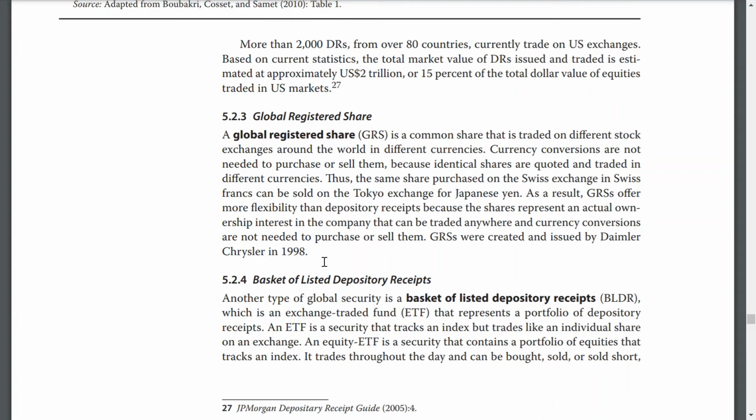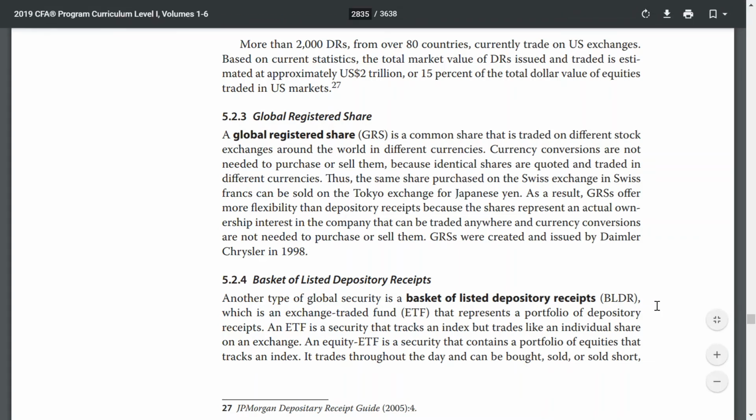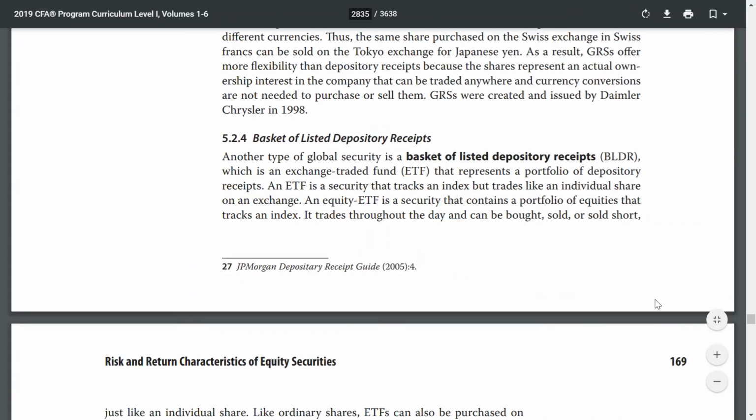The ETF is a security that tracks an index but trades like an individual share on an exchange. An equity ETF contains a portfolio of equities that tracks an index. It trades throughout the day and can be bought, sold, or shorted, just like any other shares. Just like shares, ETFs can be purchased on margin and used in hedging or arbitrage strategies.